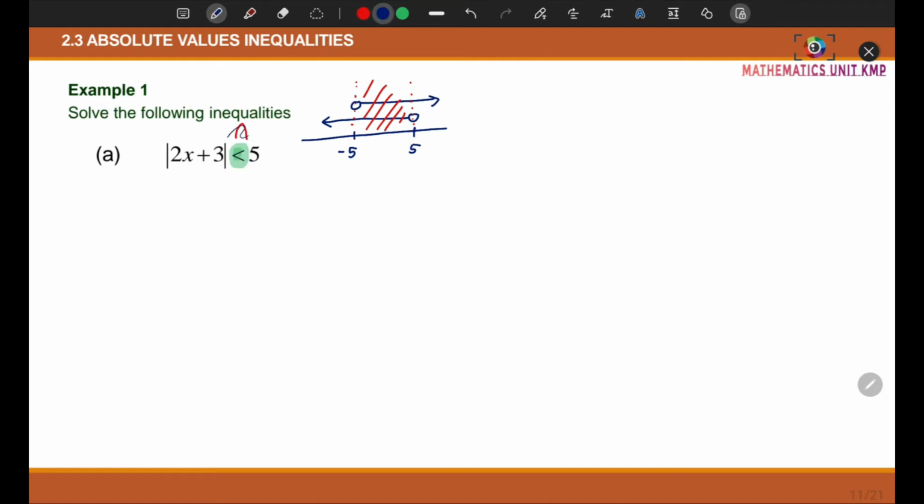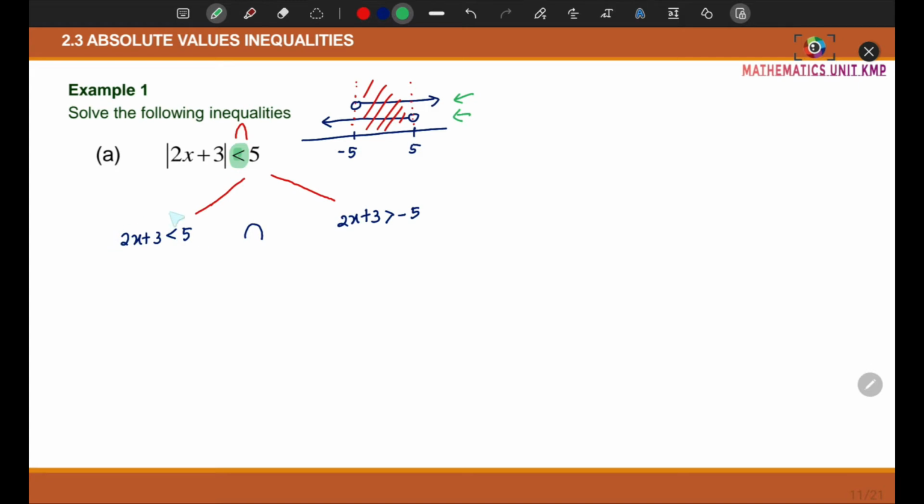Okay, for absolute value inequalities, I will use the diamond method. The first step is we need to separate the absolute value inequality into two parts. So the first part is 2x plus 3 less than 5, which is this one, and 2x plus 3 greater than negative 5, which is this part here.